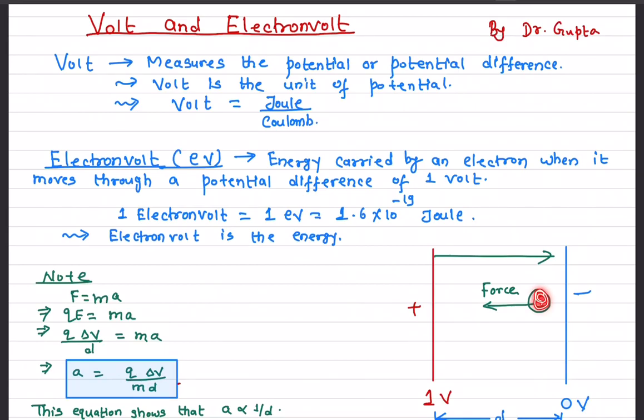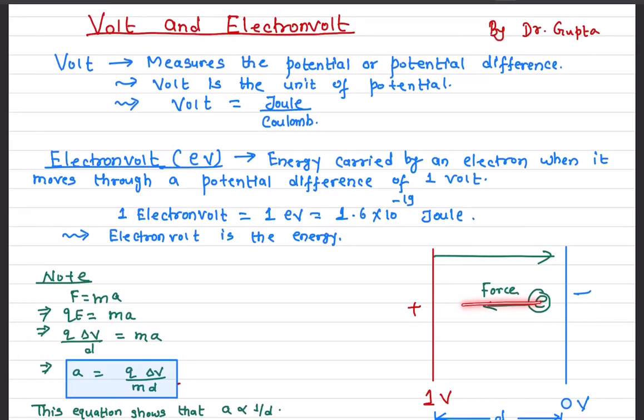What kind of energy? When you put one electron, a single electron, into a potential difference of 1 volt, then the energy stored in this electron is 1 electron volt. So let's say this is at 1 volt and this is at 0 volt. Now if you place one electron right here, this negative charge will try to repel this one.